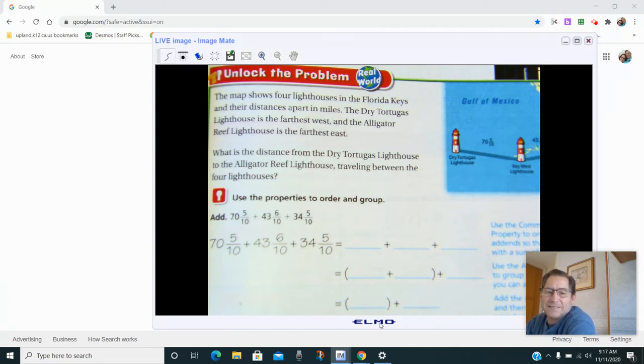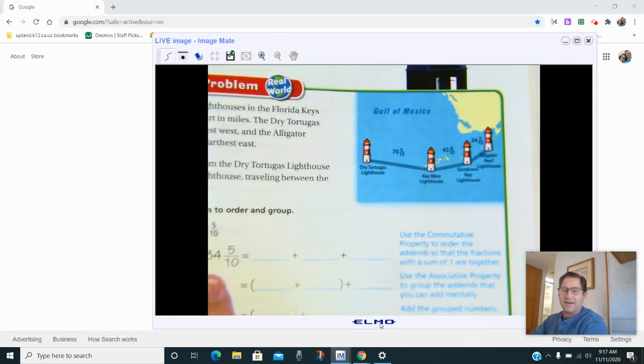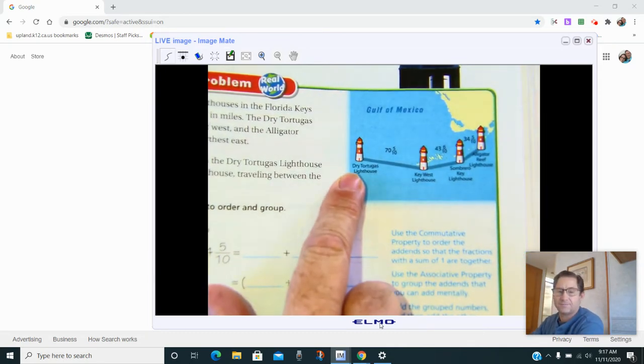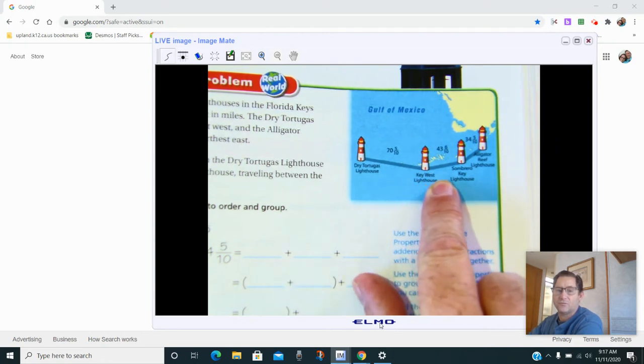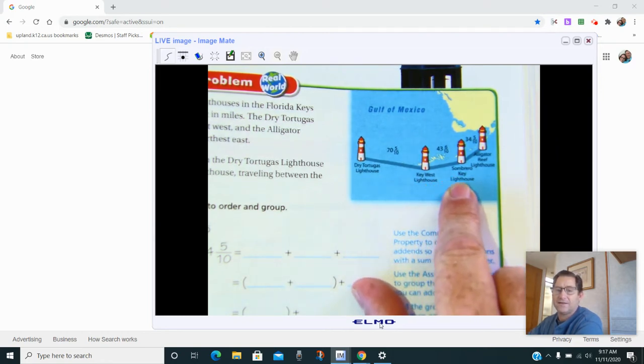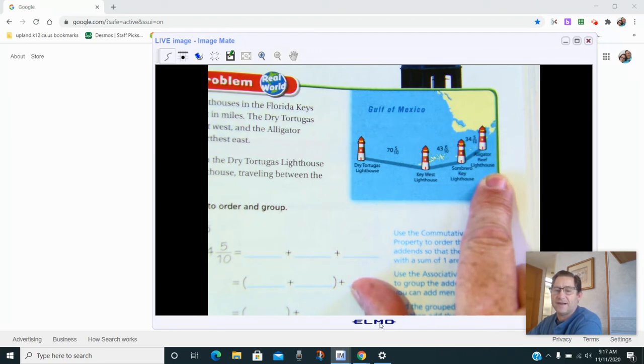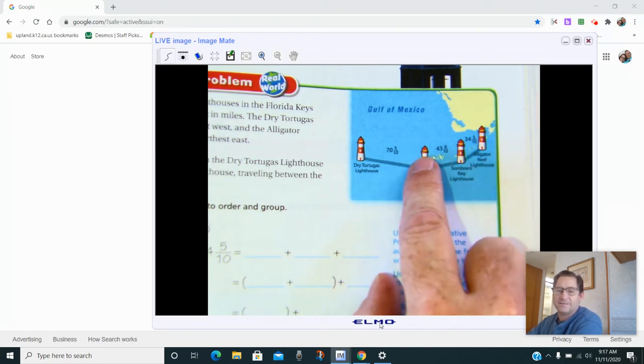What is the distance from the Dry Tortugas Lighthouse to the Alligator Reef Lighthouse, traveling between the 4 lighthouses? So when we look at this, they're saying we want to go from here, past the Key West Lighthouse, past the Sombrero Key Lighthouse, ending at the Alligator Reef Lighthouse. And these are their distances.